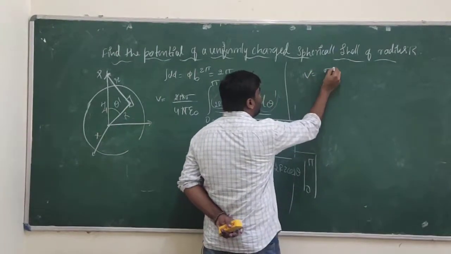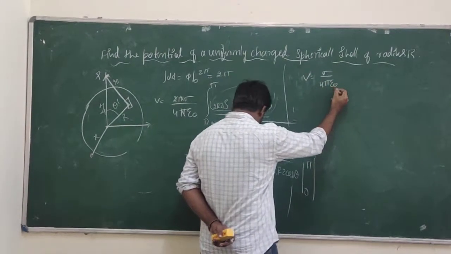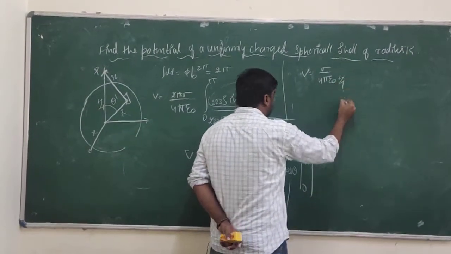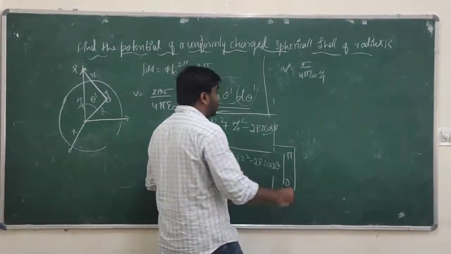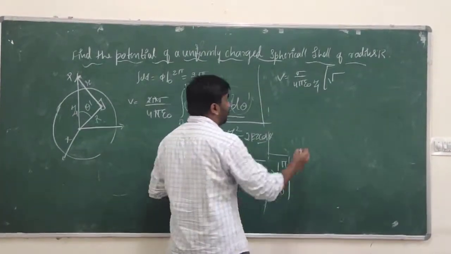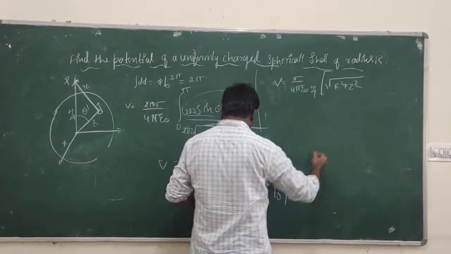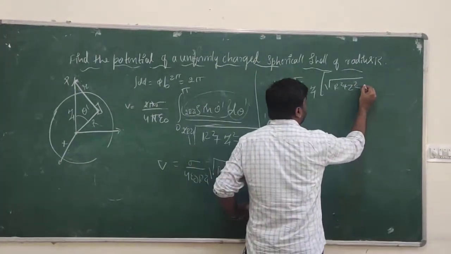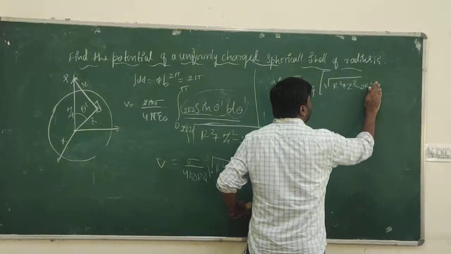V is equal to sigma divided by 4 pi epsilon naught z. Applying upper limit and lower limit, we will get root of r square plus z square minus 2rz cos theta.